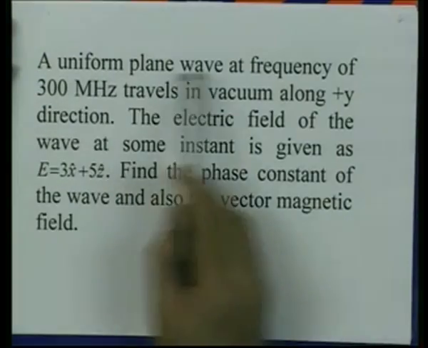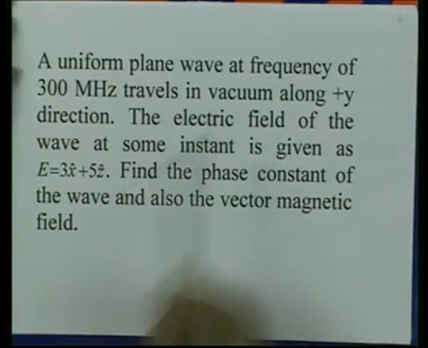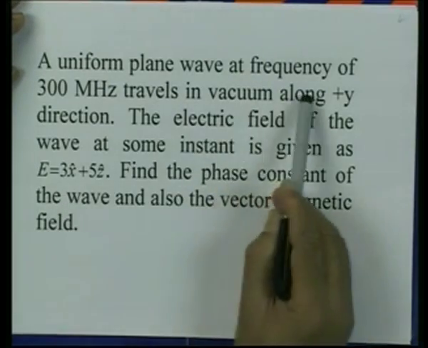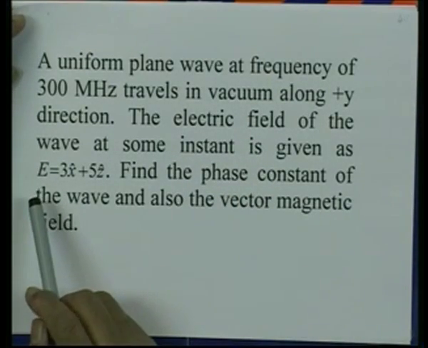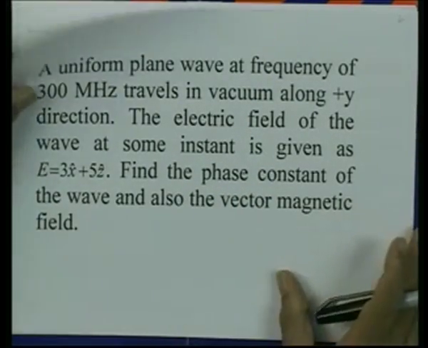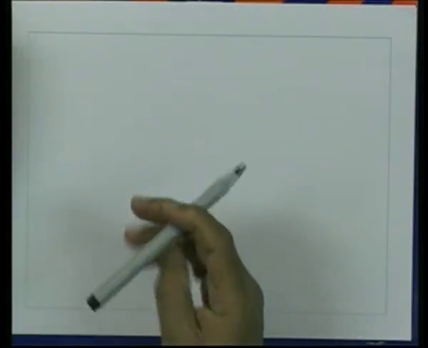Now, since the wave is travelling in vacuum, the wave travels with velocity of light in vacuum, that is given as 1 upon square root mu epsilon.